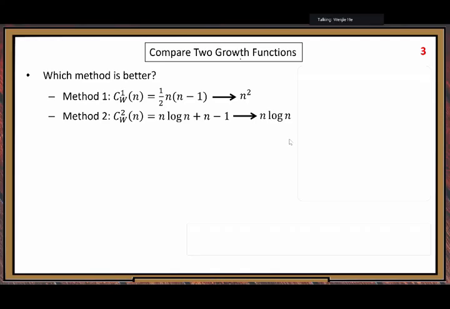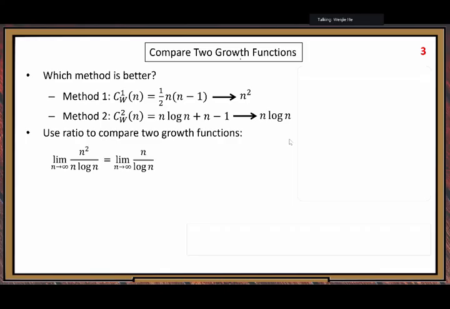The simplest form we can get. Now we are ready to do the comparison. Still, we take the ratio and we calculate the limit.